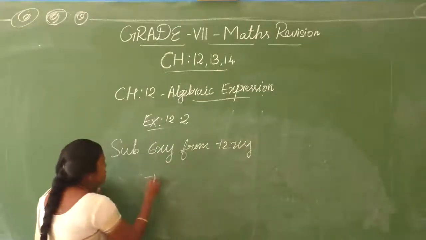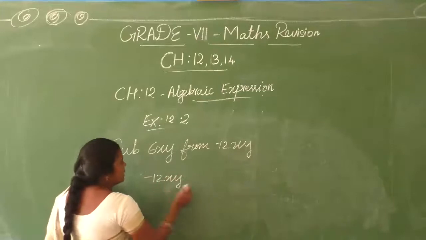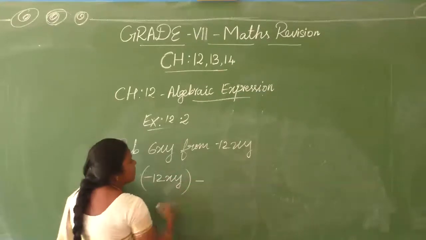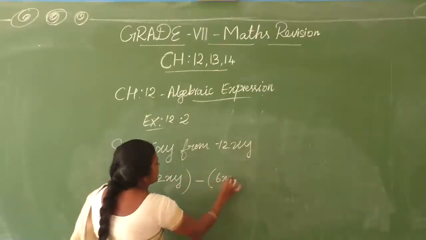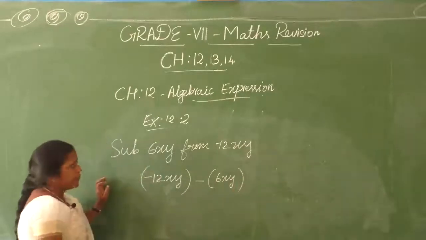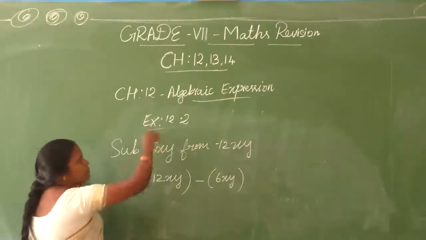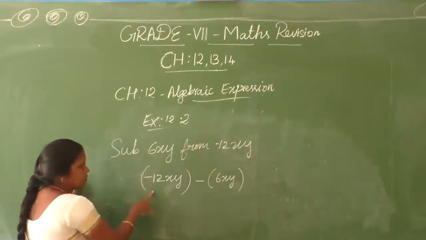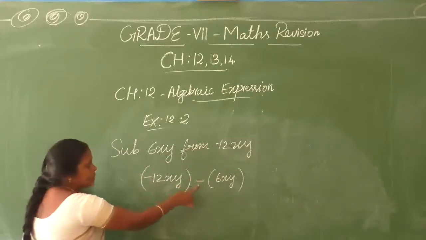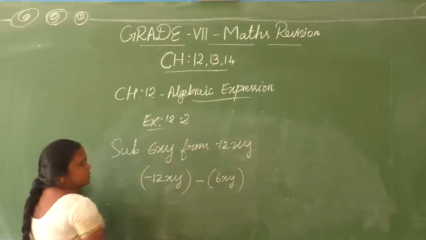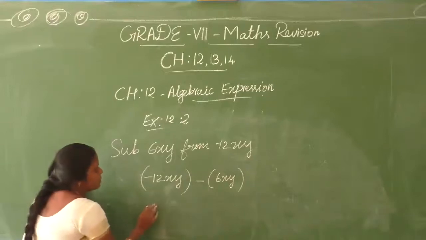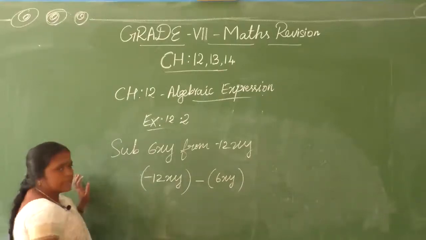So minus 12xy, subtract plus 6xy. It gives meaning like this. Subtract this from that, so take it as first. Subtraction. And then this. Now subtract. Subtraction means which is the integer rule of subtraction.